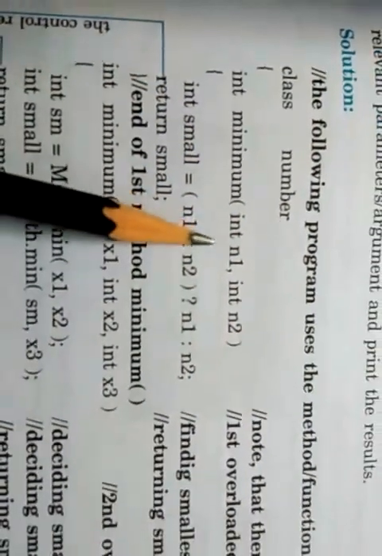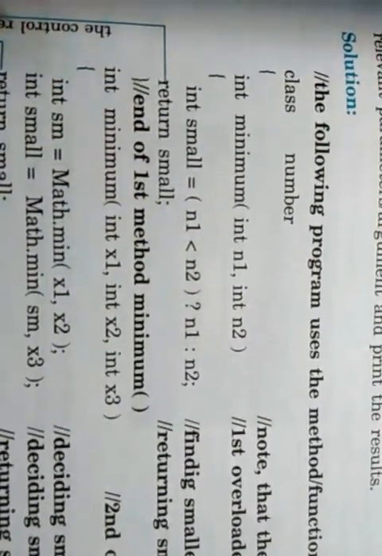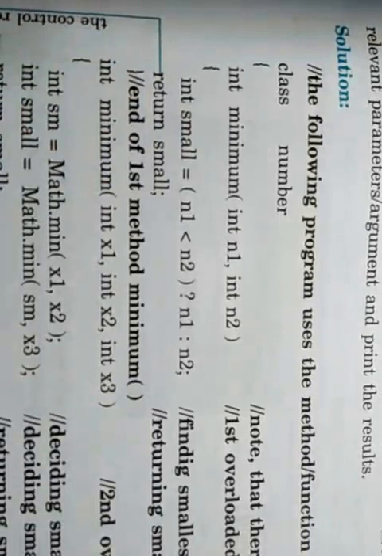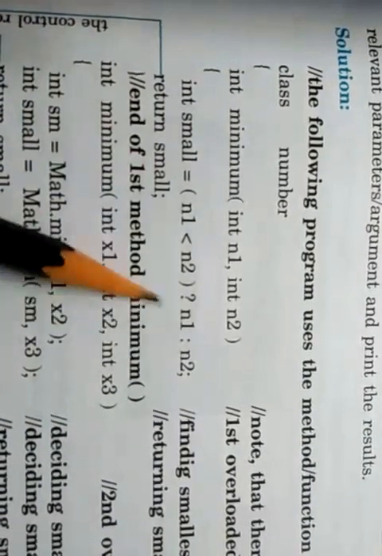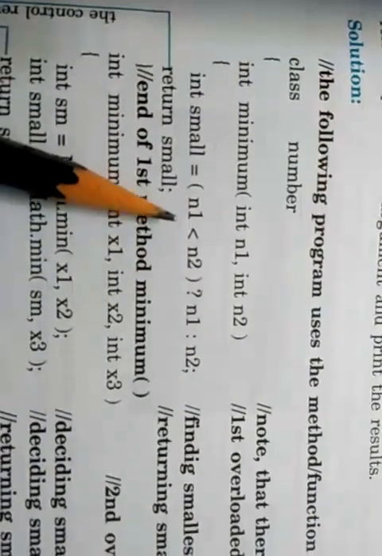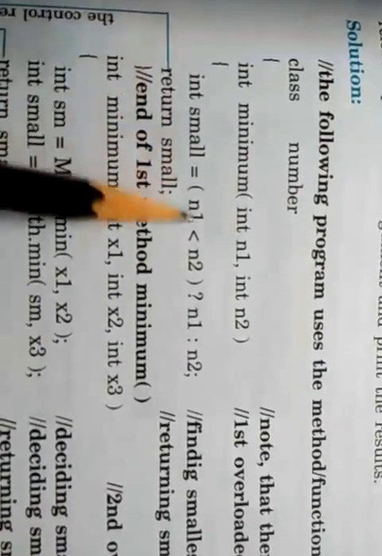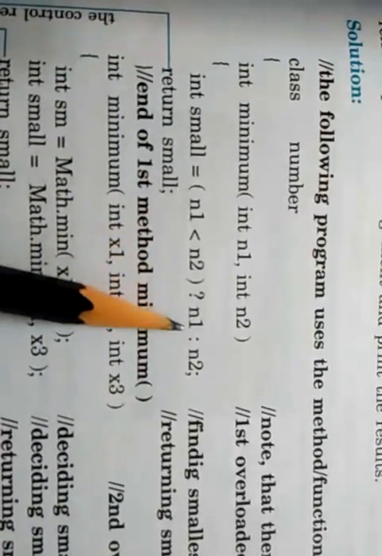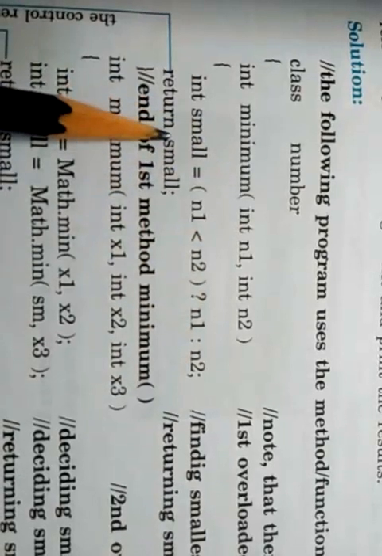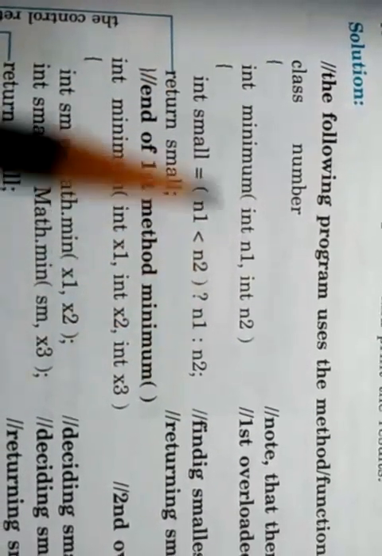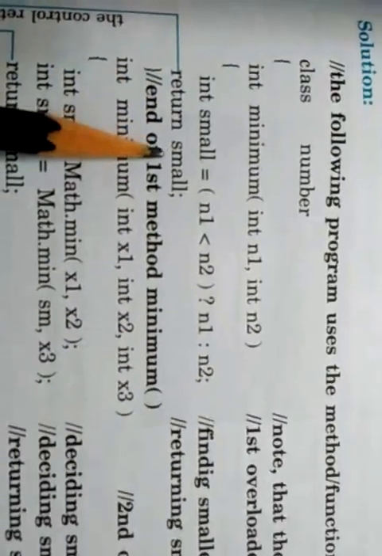So class number, int minimum(int n1, int n2), and here we are finding the smallest number between n1 and n2. This question is solved here with the help of the ternary operator. So if n1 is less than n2, the value of n1 will be stored in small, otherwise the value of n2 will be stored in small, and we are returning small.